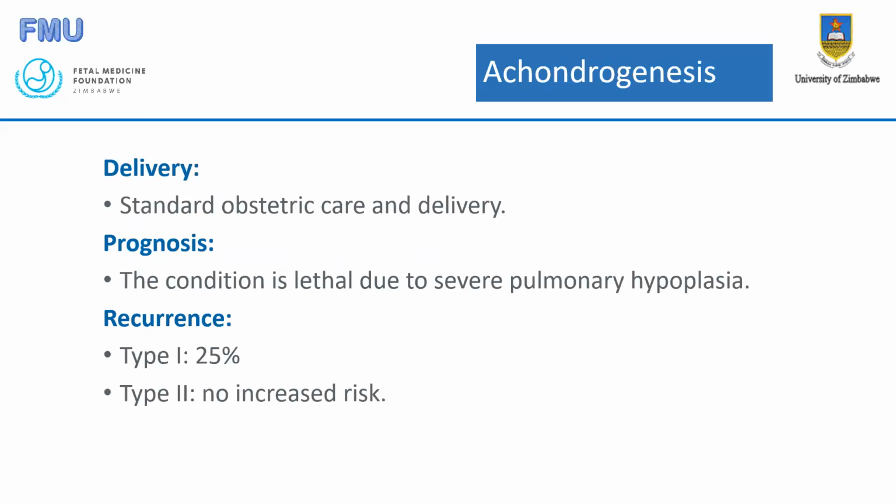However, this condition is complicated by the size of the baby's head. So the baby's head should be estimated towards delivery. And normally when the head measures more than 400 millimeters or 40 centimeters, we give caution to say, look, the chance that there could be a cephalopelvic disproportion is high. The couple have to be informed that they may be offered a cesarean to try and overcome this obstruction.